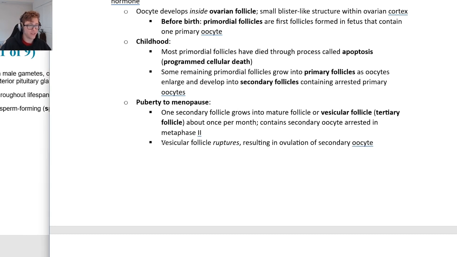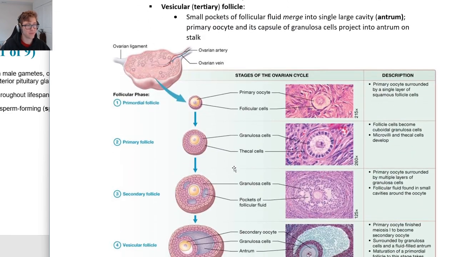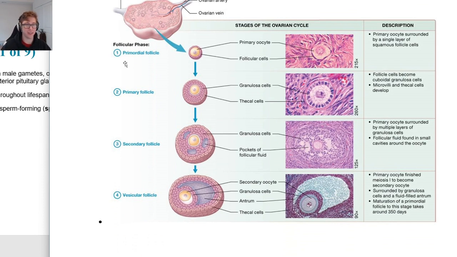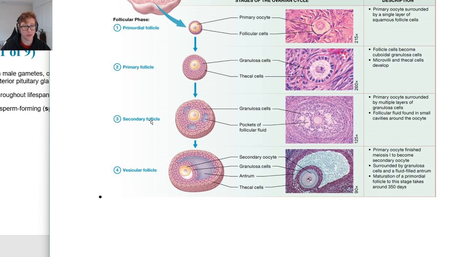Regardless, the vesicular follicle ruptures, resulting in ovulation of a secondary oocyte. Now, let's just very quickly recap. We have the primordial follicle, primary follicle, secondary follicle, vesicular follicle.